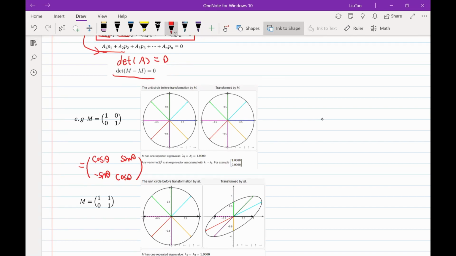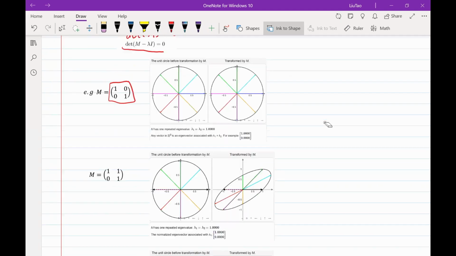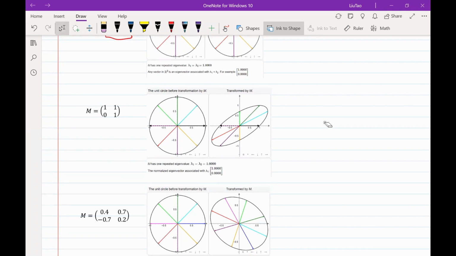Oh, sorry, this is an identity matrix, so nothing will change. That's why we have an infinite number of eigenvectors and eigenvalues.